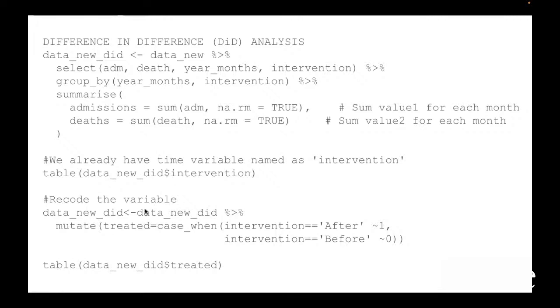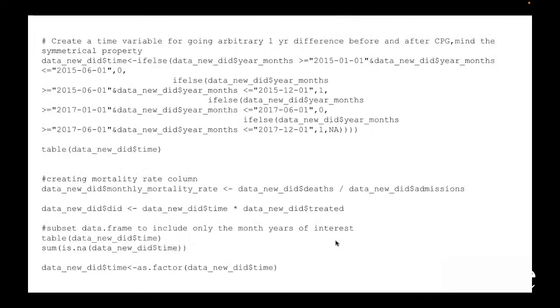Then I recode this: the intervention values that come after July 2016 are called after CPG, and those that come before are called before CPG. This is how we create the treatment variable, which is going to be used for the difference in difference analysis.